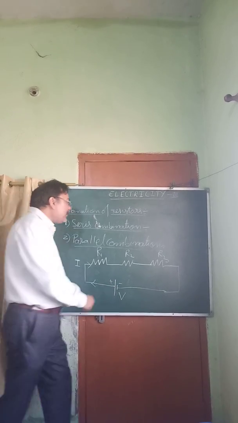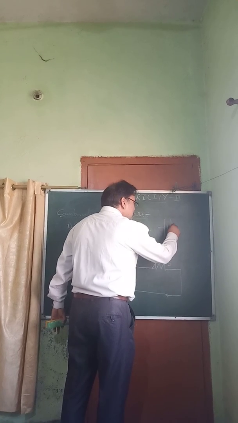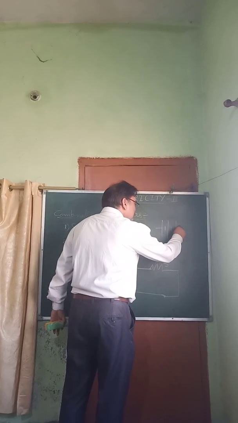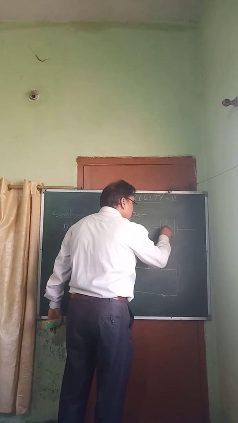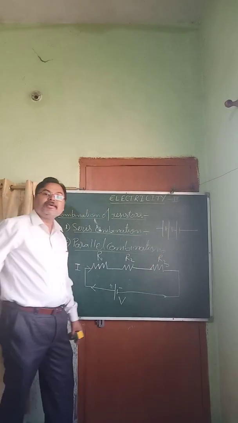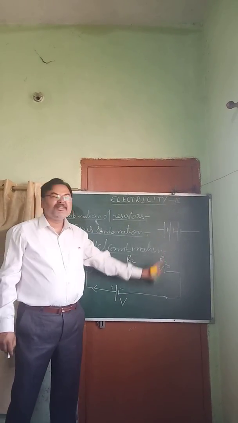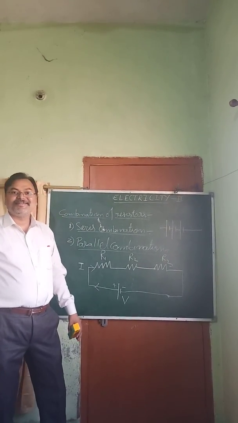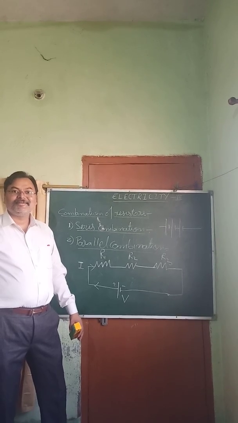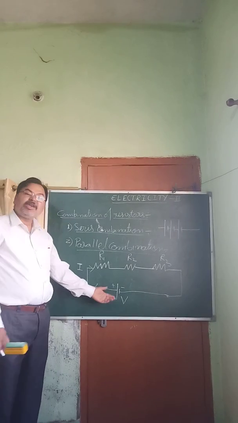And the symbol of a battery is somewhat like this. It is the symbol for a battery. So we can say that a battery is the combination of multiple cells. Obviously, so it will offer more potential difference. So here we are talking about a cell only.